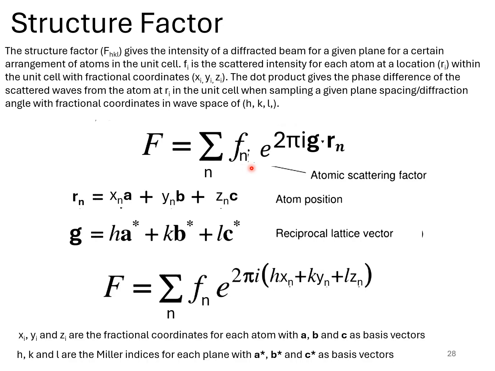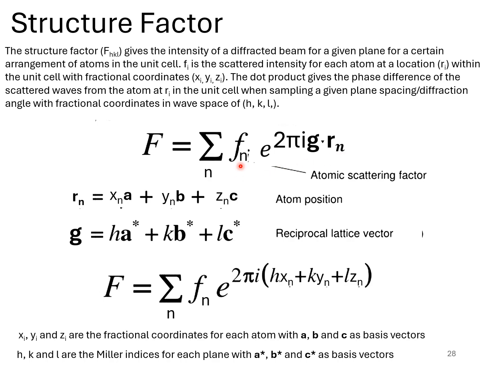So Fn doesn't necessarily have to be the same. In a single crystal of all the same atoms, all the Fn's would be the same. But in something like an ordered structure, such as gamma prime in a nickel alloy, these Fn's depend on the atom position.